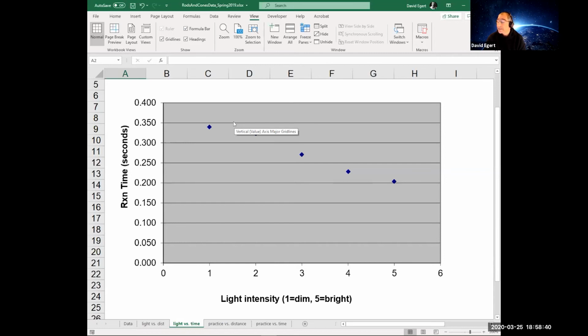Yes, the data supports our hypothesis that brighter light means a faster reflex, but our data can also eliminate this source of variability, making sure that the speed of the reflex was not really about practice. So how could we use our data to show the effect of practice on speed?